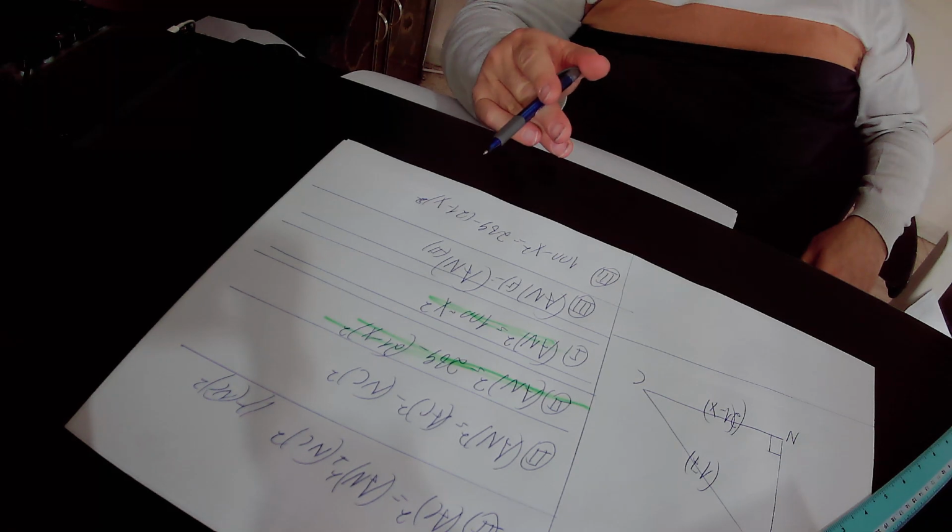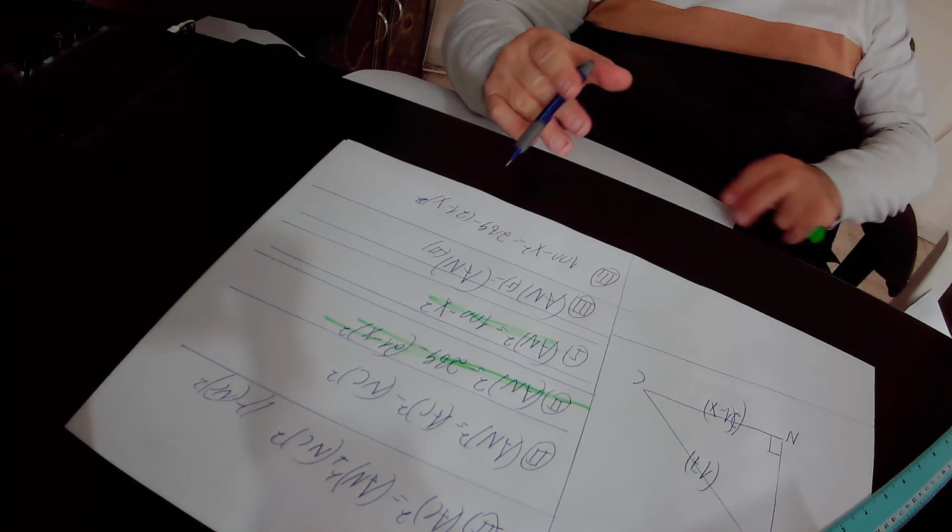Here we'll open the brackets of the expression (21 minus x) squared.